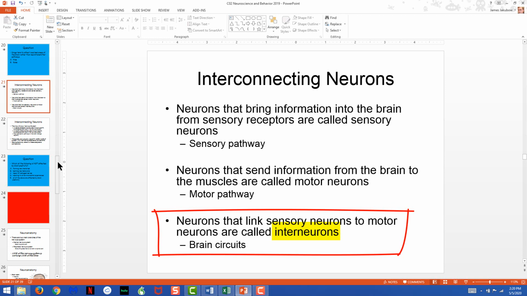They are the same cell that we talked about that has the dendrite, soma, and the axon in it, and all the operations that go along with it that I've been talking about in this particular chapter are the same processes that occur here. These names, sensory, motor, and interneurons, are simply names that refer to the functional location in the entire system.